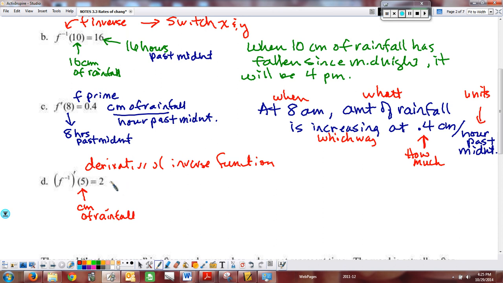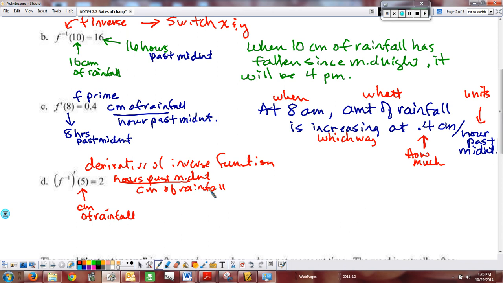Your units are going to be hours past midnight per centimeter of rainfall, because we have switched our x and our y. So when you switch x and y, your slopes become reciprocals of each other. So that's going to be an important concept. It's going to come up a little bit later when we start doing the shortcut rules for derivatives of inverses.